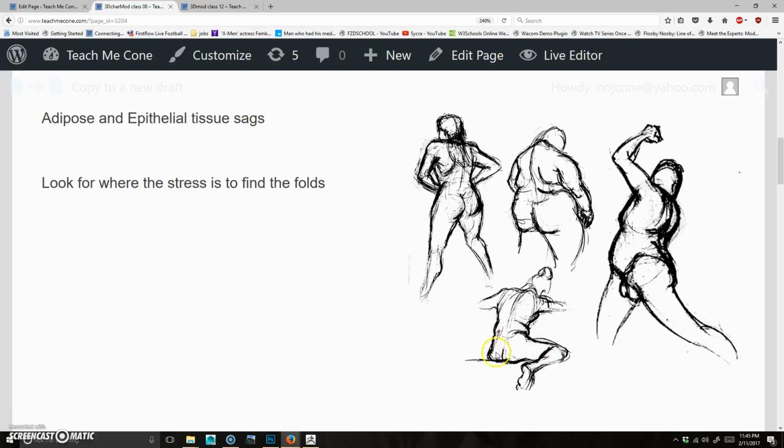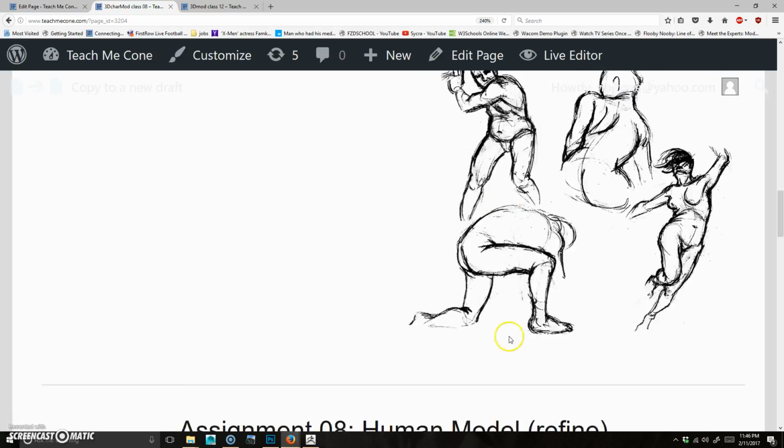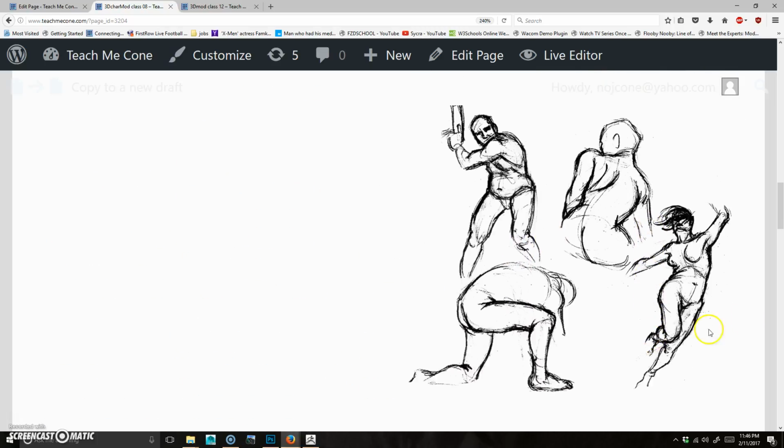So you look at here, the buttocks. It's still going to have that kind of teardrop form. It's not going to be round. A round object has no gravity stressed upon it. It's going to have this kind of bell-shaped-ness to it. And so that's basically where a lot of that gravity, that weight, that feeling comes from. But at the same time, obviously, you're going to have these stretches.